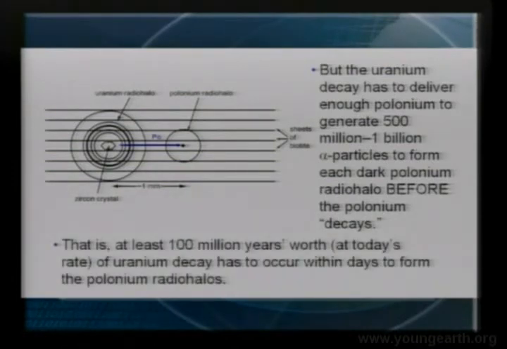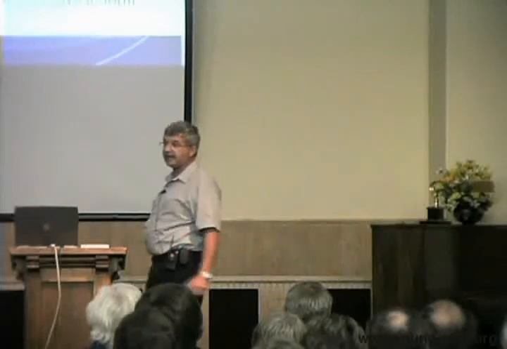That is at least 100 million years worth at today's rates of uranium decay, which has to have occurred within days to produce all the polonium before it decays to form the polonium radiohalo, before the polonium was all gone. You follow what I'm saying? These two radiohalos have to form side by side at the same time.